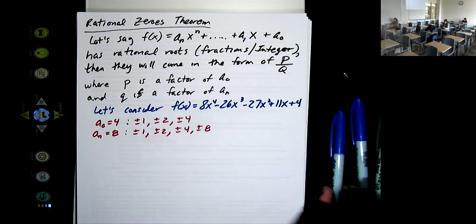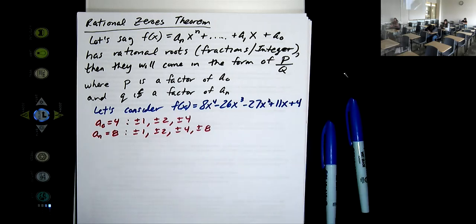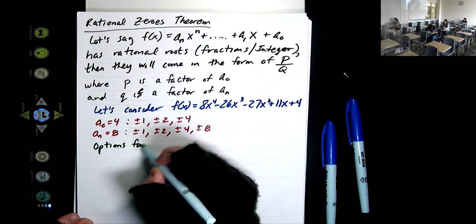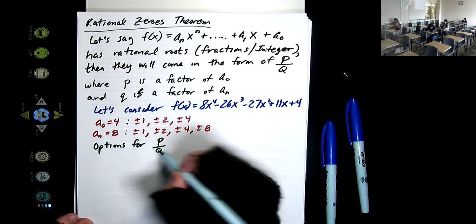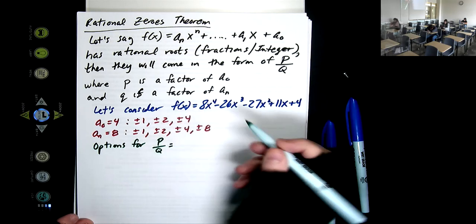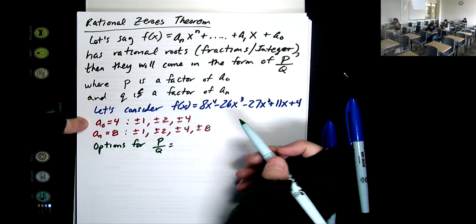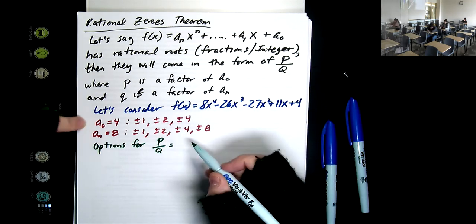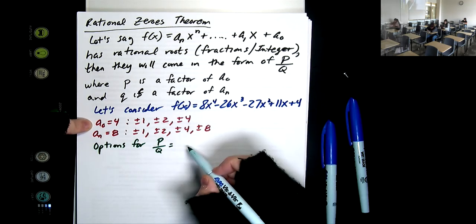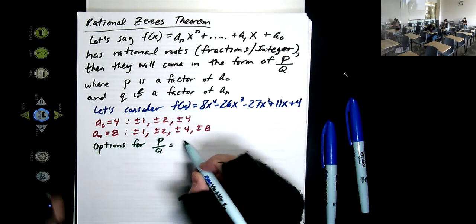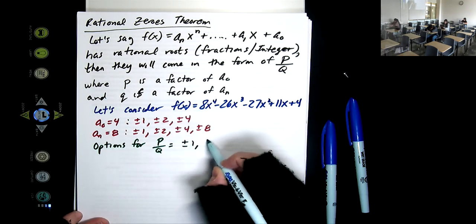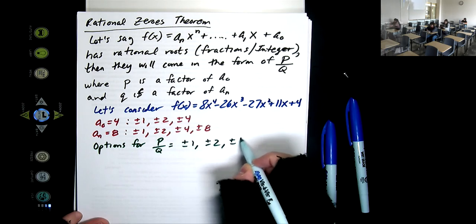So what are my options for p over q? Well, I can always do it over 1, right? Because a sub n has a 1 in it. So I can always make my bottom 1, which means my top can be any of the values for a sub 0. It could be plus or minus 1, plus or minus 2, plus or minus 4.